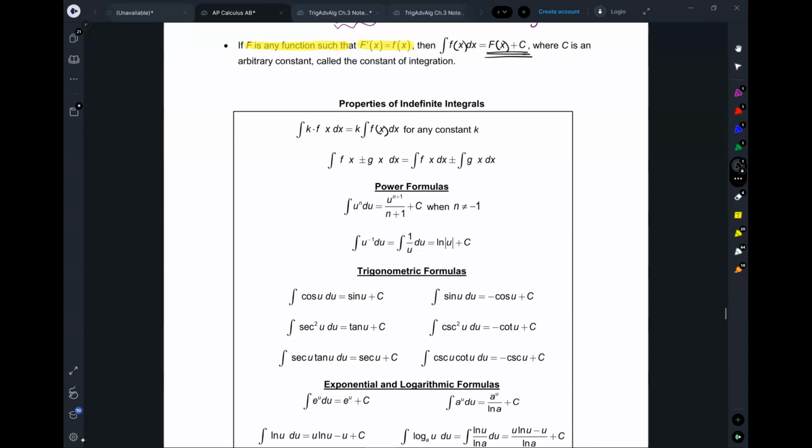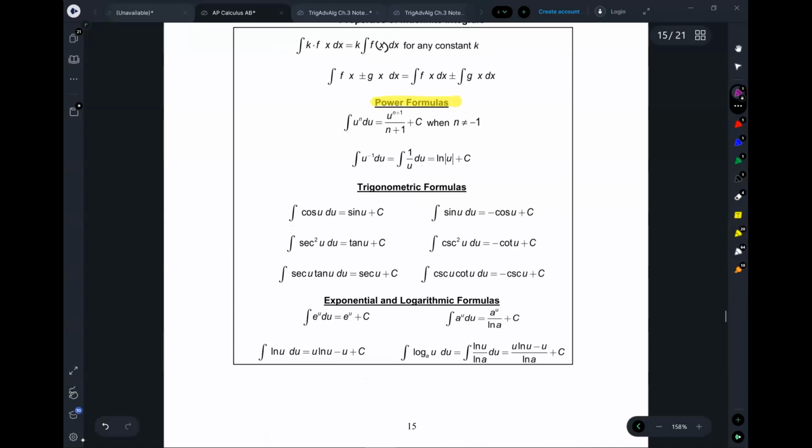All right, we already did the first two rows before. We're going to jump right into the power formulas here. So if you have an integral of something to the power of an exponent, what you have to do is add 1 to the exponent and divide by the new exponent and add a c. This is exactly what we were talking about.